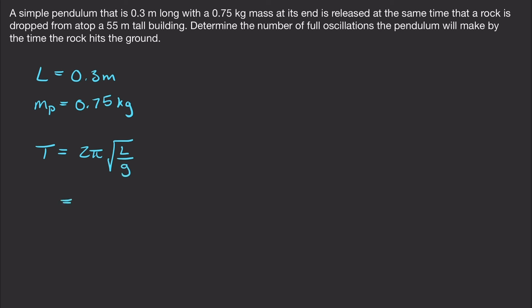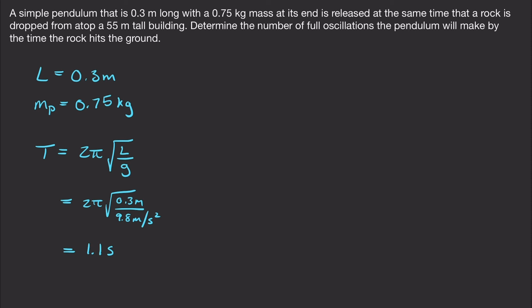So if we plug in, we get 2 pi times the square root of 0.3 meters over 9.8 meters per second squared, and that gives us a period of 1.1 seconds. So every 1.1 seconds, the pendulum will oscillate, and we need to figure out how many seconds we have until the rock hits the ground, and then we can figure out how many times this happens.